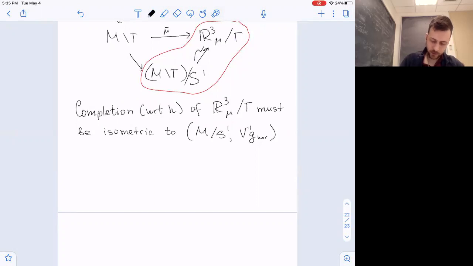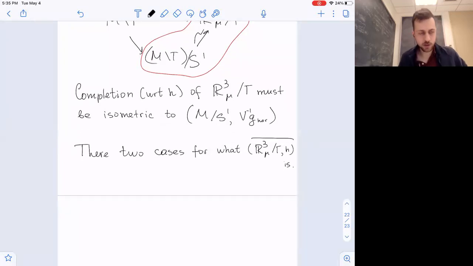So it happens to be that there are two really different cases for what this completion is.